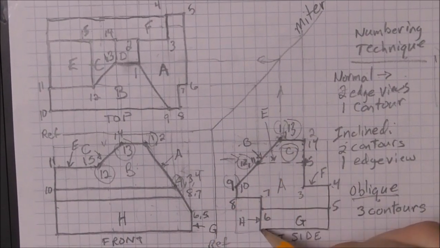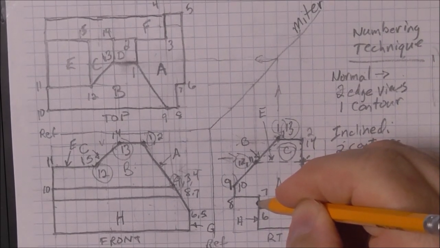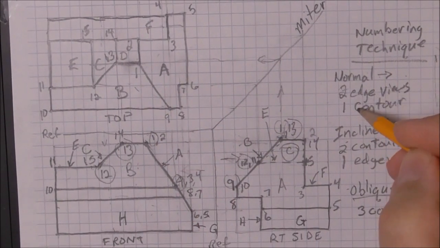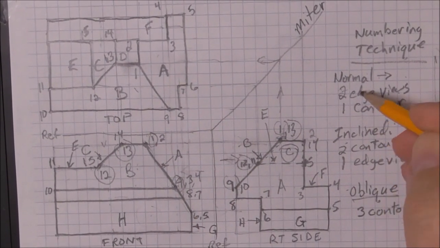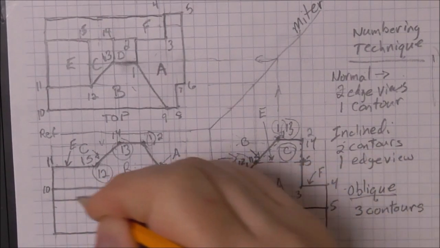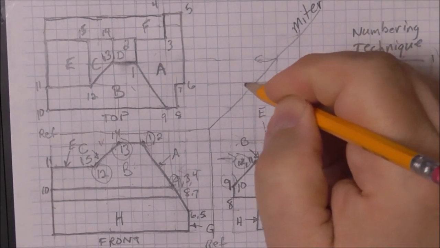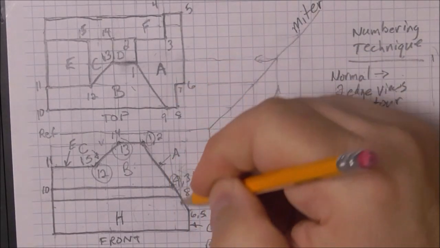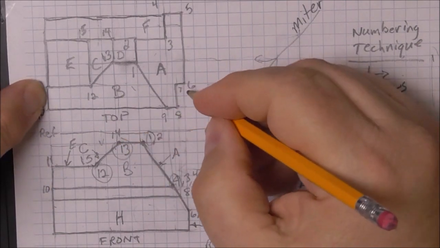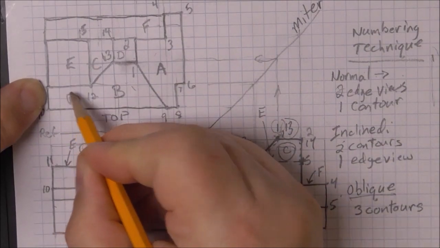Where's H in the top view? Well, it's an edge view here. In the top view, it's going to be an edge view too, right? Contour, edge view, edge view. Contour, edge view for a normal plane. If you numbered H, you'd put all the numbers here, and you're just going to get another line when you project them. H is 12 units long from the left side all the way to the right. Let's label it and circle it.